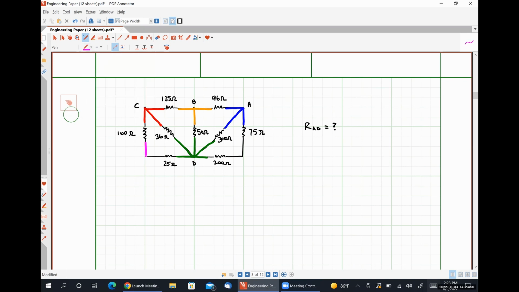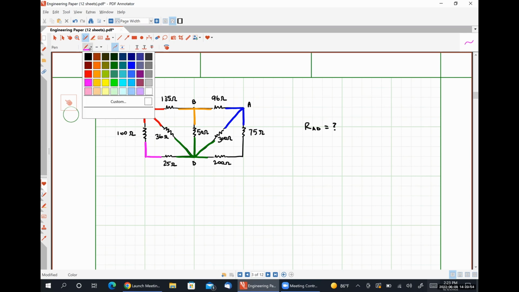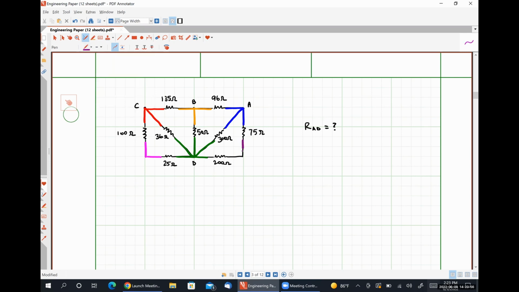This guy on the bottom left, which I will label as E, and this guy on the bottom right, that I will label as F. So here's E. Here's F.